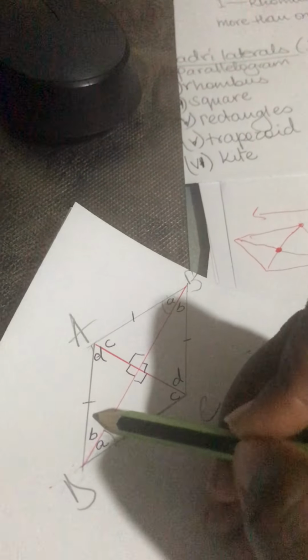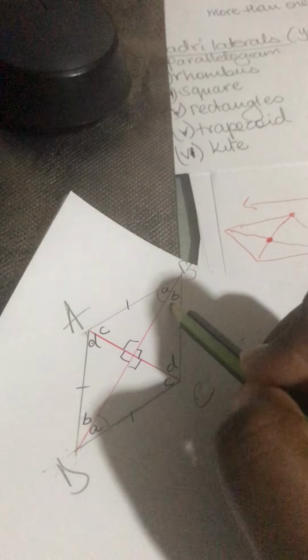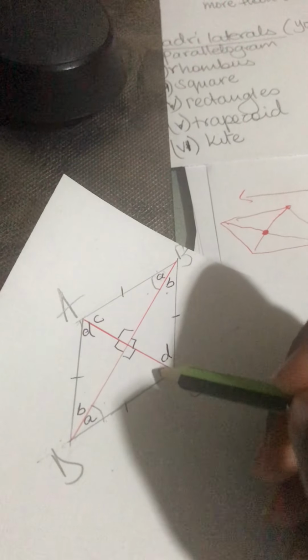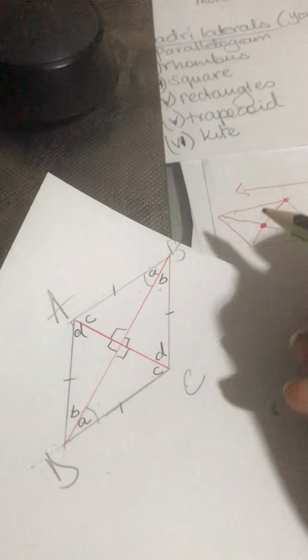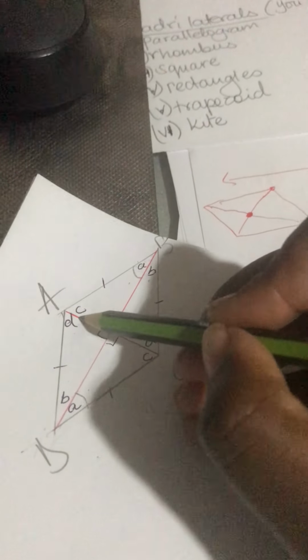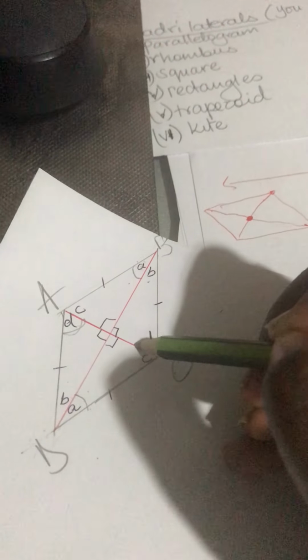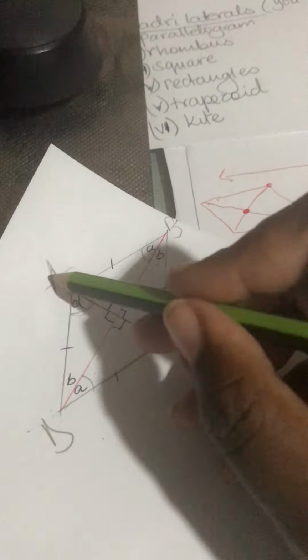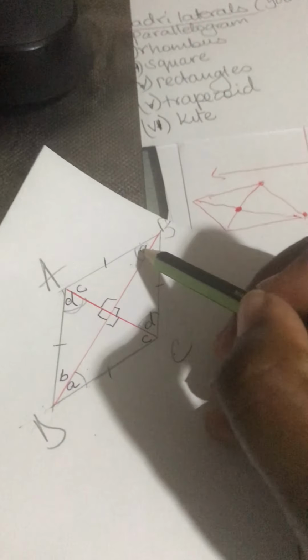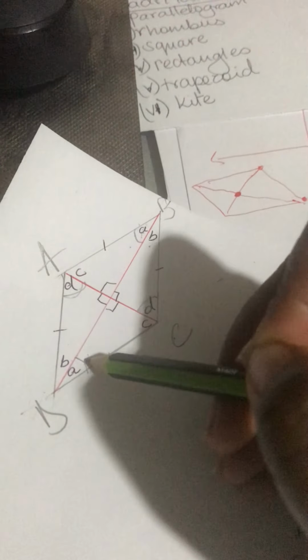So A is alternate to this A, B is alternate to this B, C is alternate to this C, and D is alternate to this D over here. Whatever number you write for D, you must write for this D on the opposite side of your transversal. So the diagonals are transversals in this picture. Whatever number you write for A is the same number you write for A here.